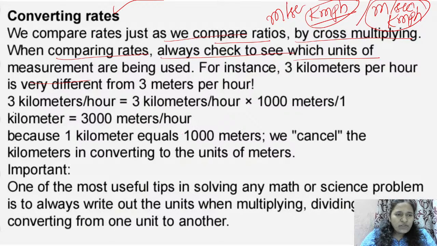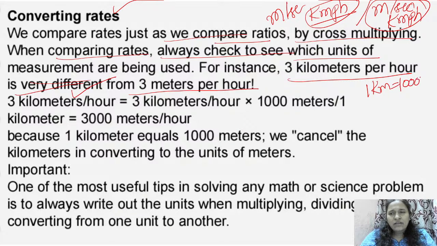Suppose 3 kilometers per hour is very different from 3 meters per hour, right? 3 kilometers per hour, how can we convert into meters? 1 kilometer is equal to 1000 meters, that means 1000 meters per hour. Like this we have to convert.